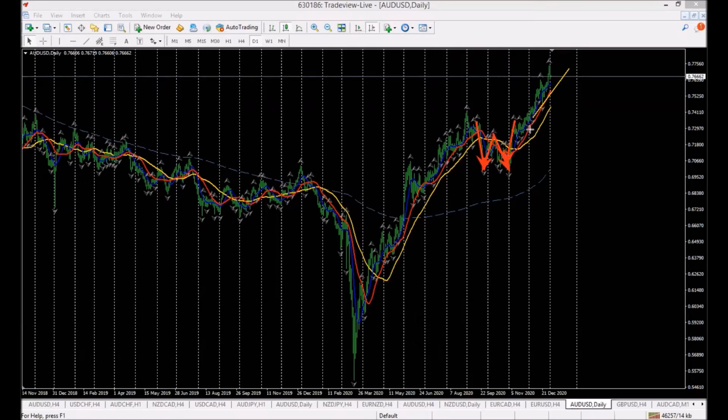Do you know what I mean? It just ran away, right? It didn't come up, break above, and then continue. So my thoughts are, well, we've broken well above, right?